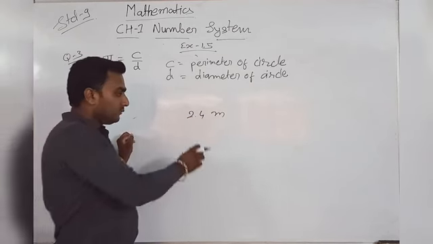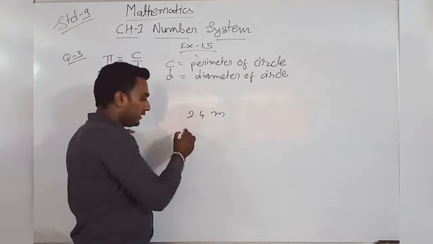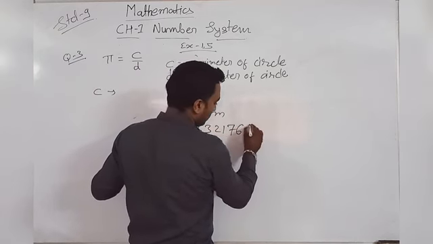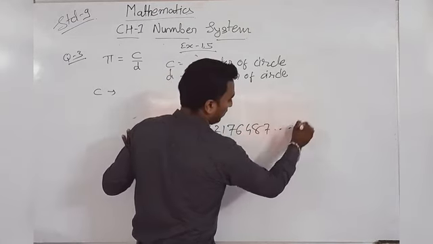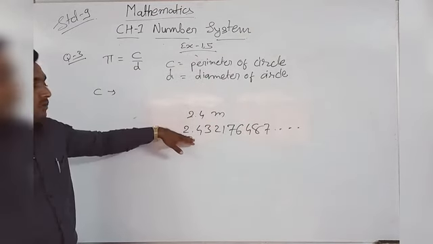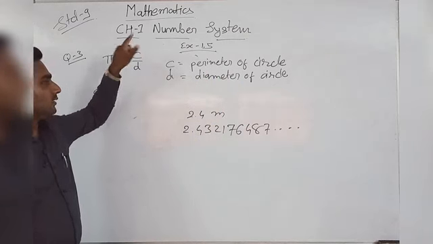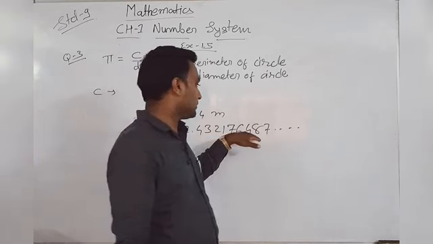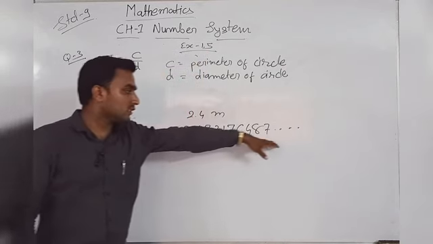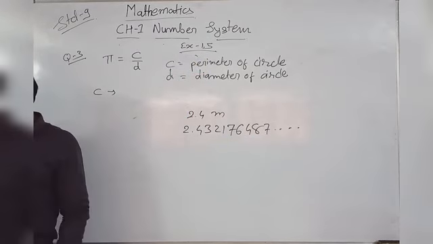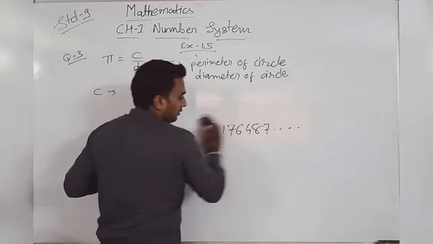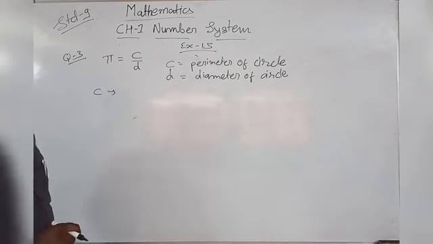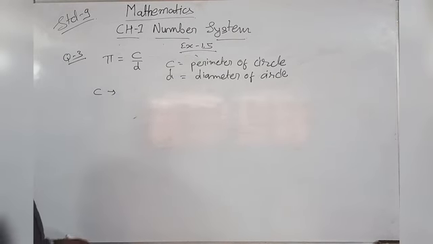So if you decide the exact value, what is your exact value? 2.4321764872, and so on. So the perimeter of that particular circle is like this, 2.4377647. So this is an irrational number. So C is an irrational number, because we can never measure the accurate distance.